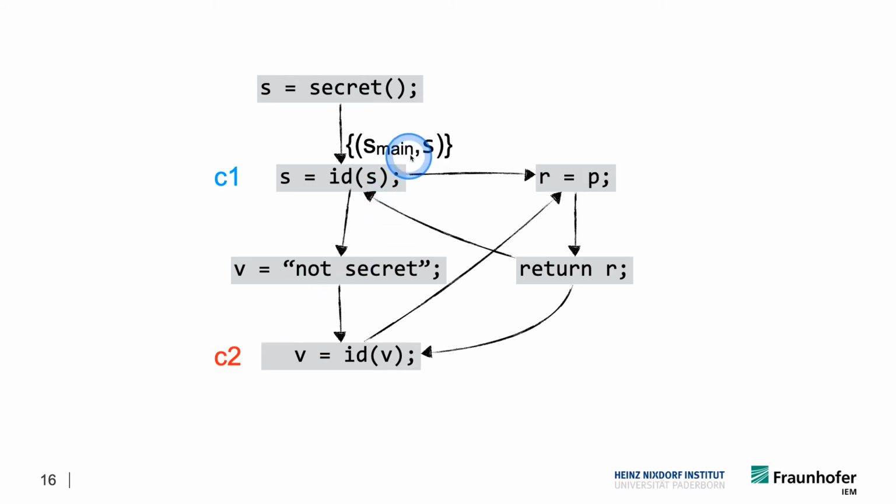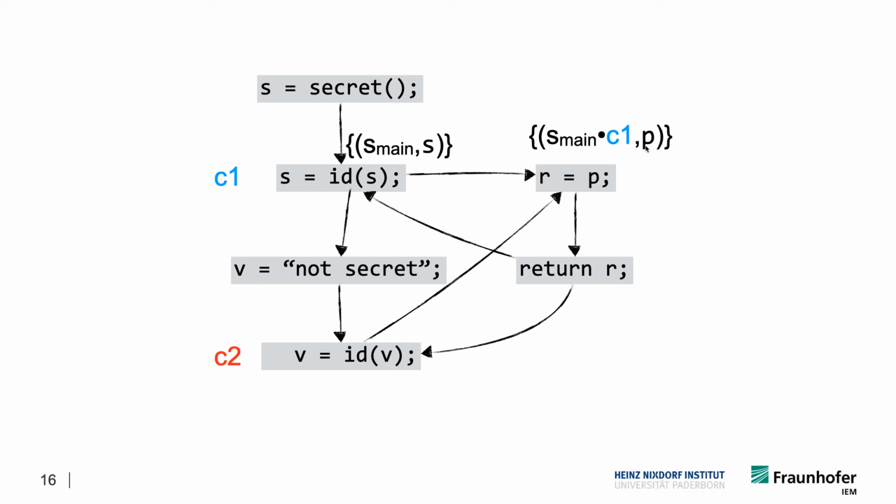Then here we have an initial data flow fact which is labeled with S main, like I told you before, and with S, so that is representing that in the context of this main method, S is tainted at this program point. And now we go into this procedure call, and this now means that this calling context string is extended, right? So previously we had this stack, and now we push C1 onto the stack, which you see here. And we still transfer the taint from S on this side, from the actual parameter to the formal parameter P on this side.